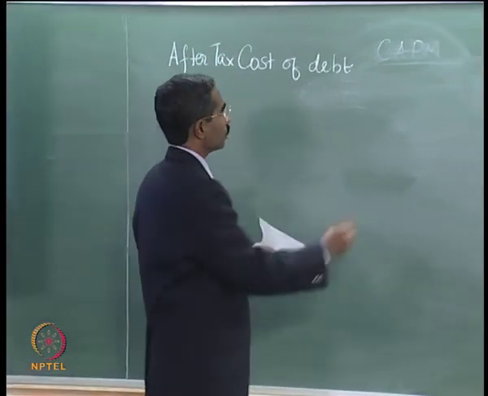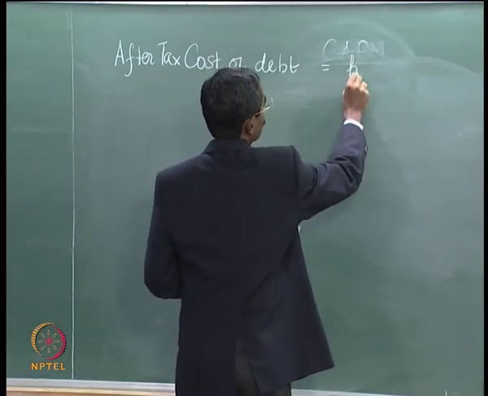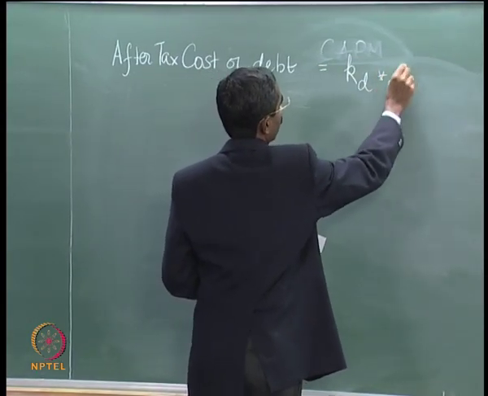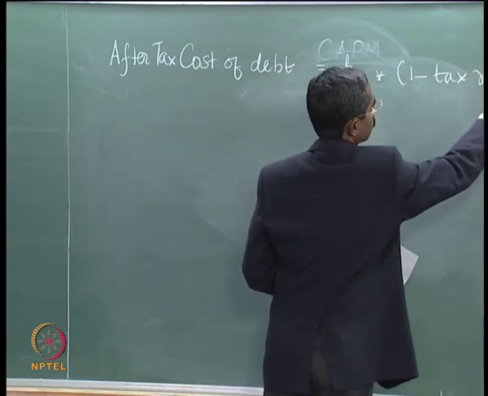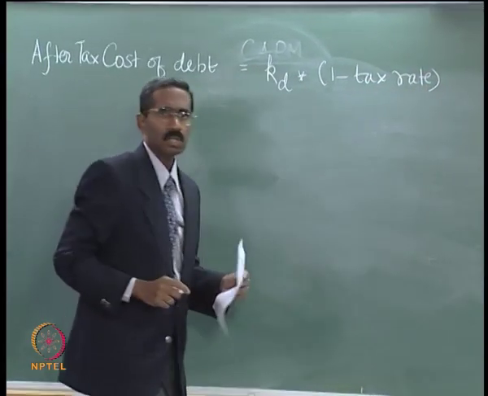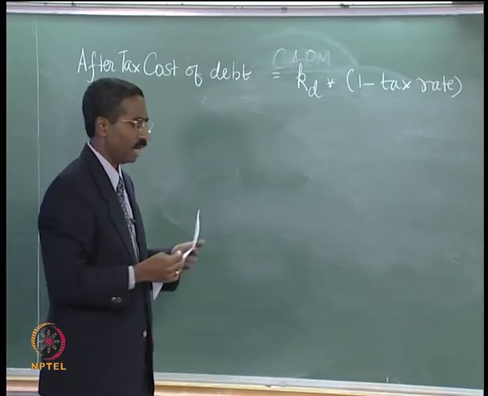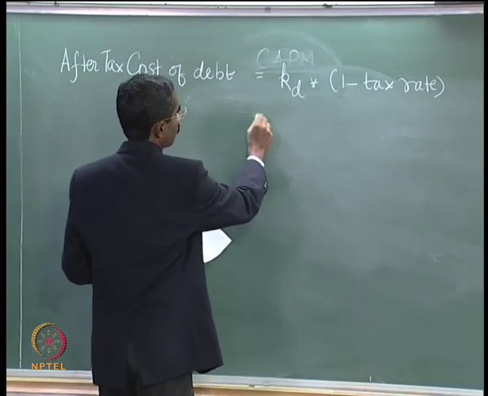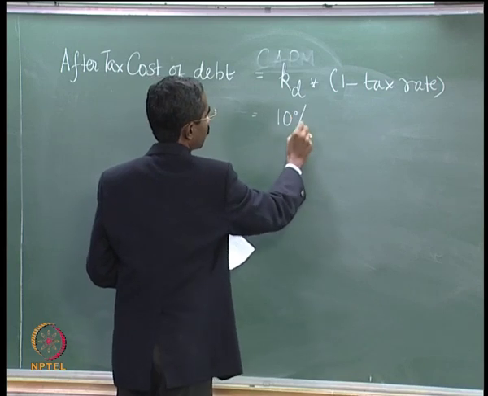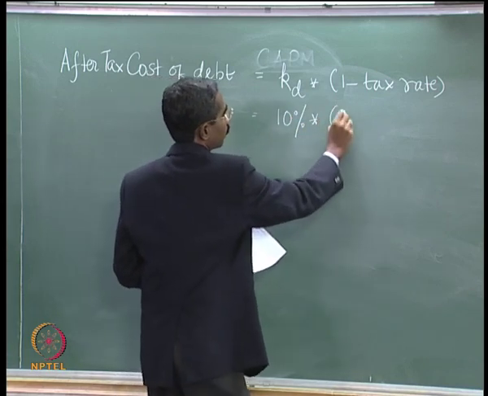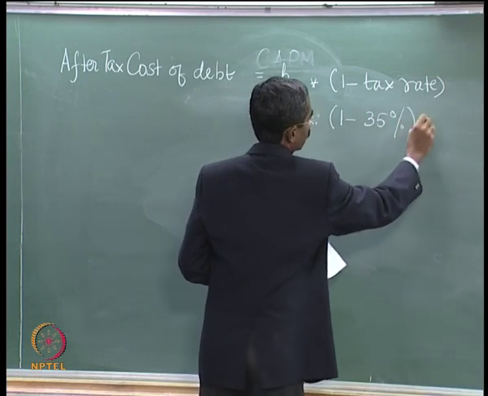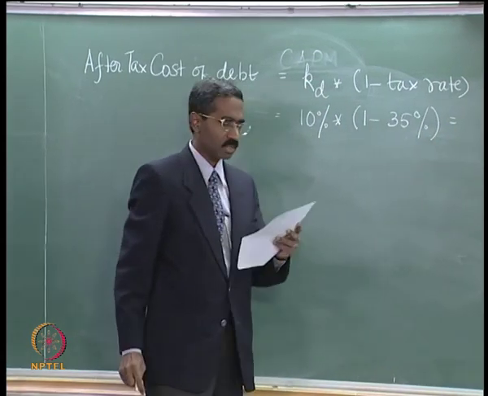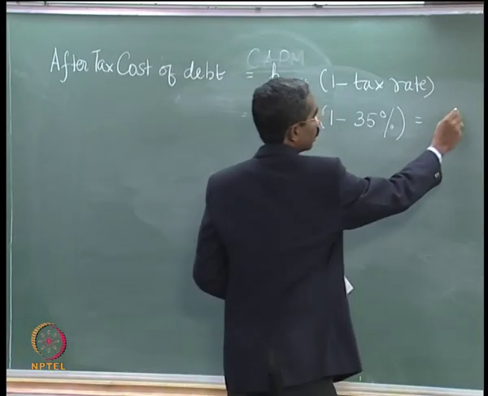After tax cost of debt is nothing but cost of debt multiplied by 1 minus your tax rate. So if we substitute the values for this example, then cost of debt is 10% multiplied by 1 minus tax rate, which is 35%. So the after tax cost of debt works out to be 6.5%.